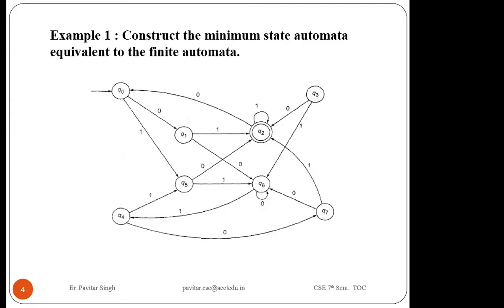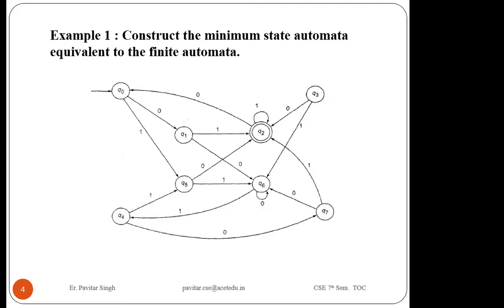Q1 upon the processing of 1, it is going to Q2. So here Q2 is your final state, circle it. Then Q2 upon the processing of 0, it is moving towards Q0, and upon the processing of 1, it is going to itself, that is Q2.